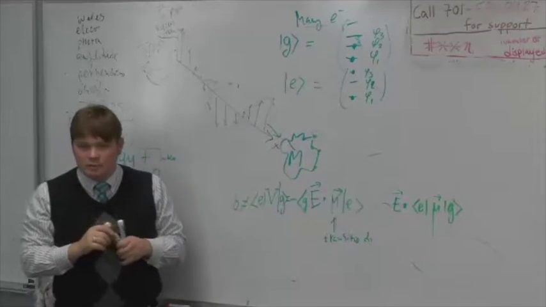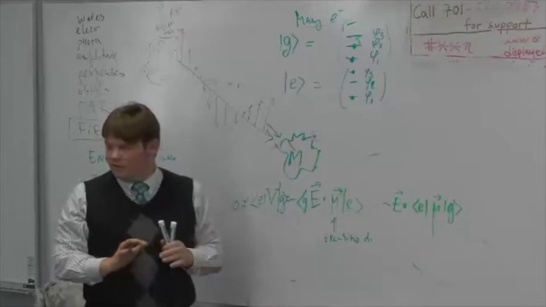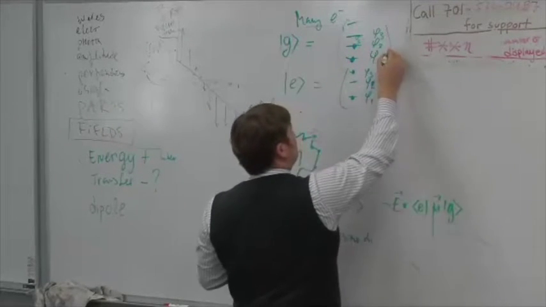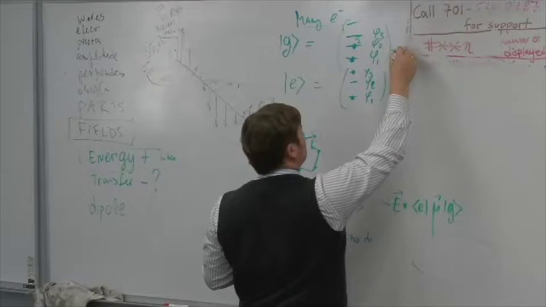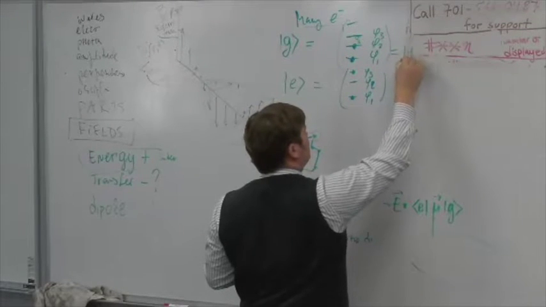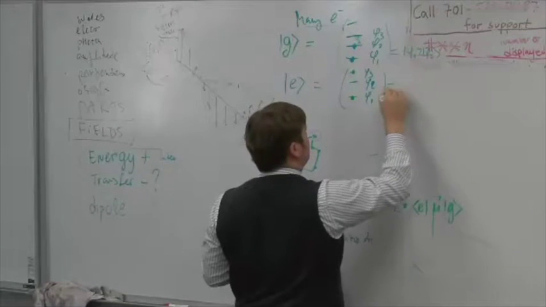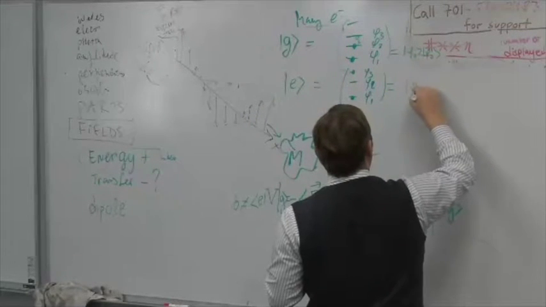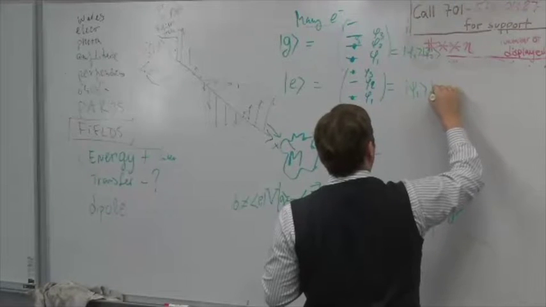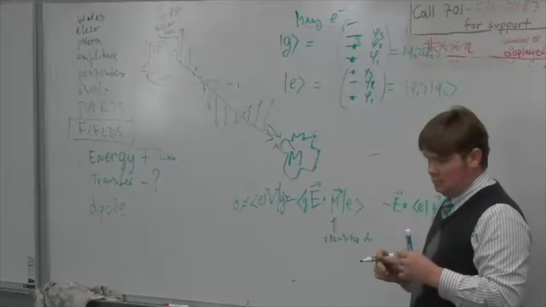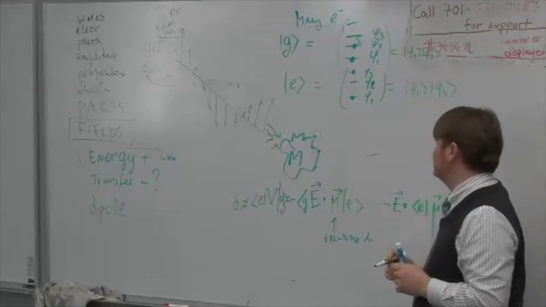And if you want to have a little flavor of multi-electronic wave functions, we would write this one as a product of phi 1 times phi 2. And this one will be a product of phi 1, phi 3. Multi-electronic wave functions.